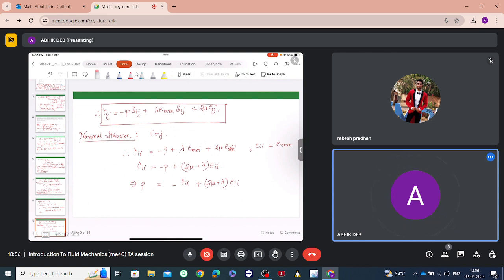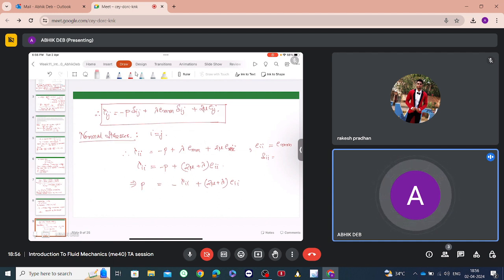So this delta ii that we are taking, delta ii, so what will delta ii be? It is not equal to 0 three times.